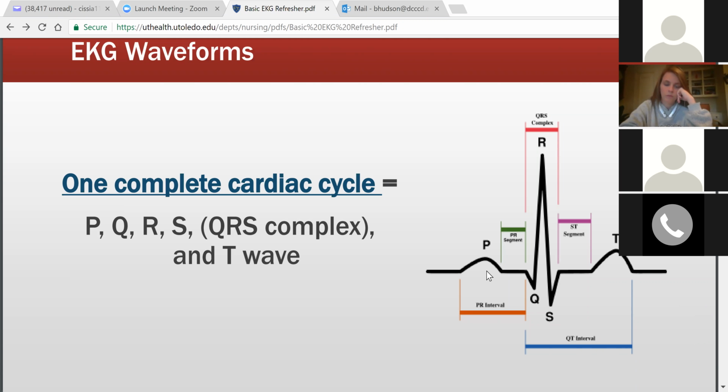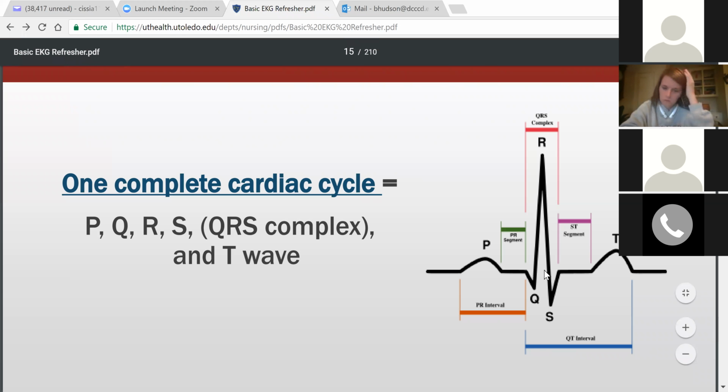The P wave is atrial depolarization, or contraction. QRS is the ventricular depolarization. But during this phase, the atria is also repolarizing.